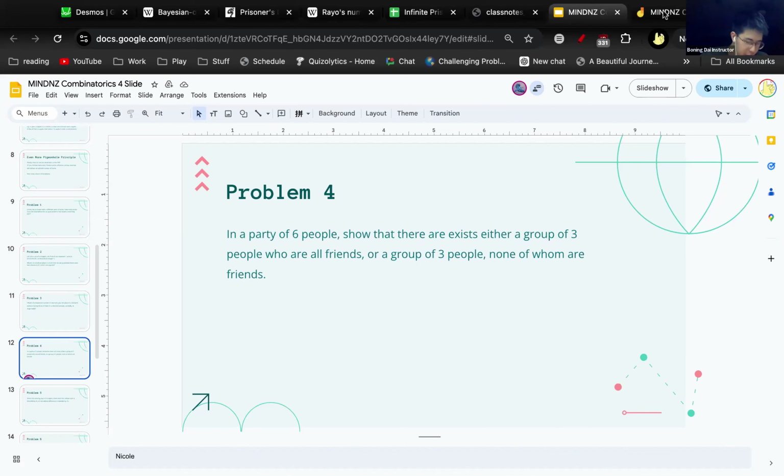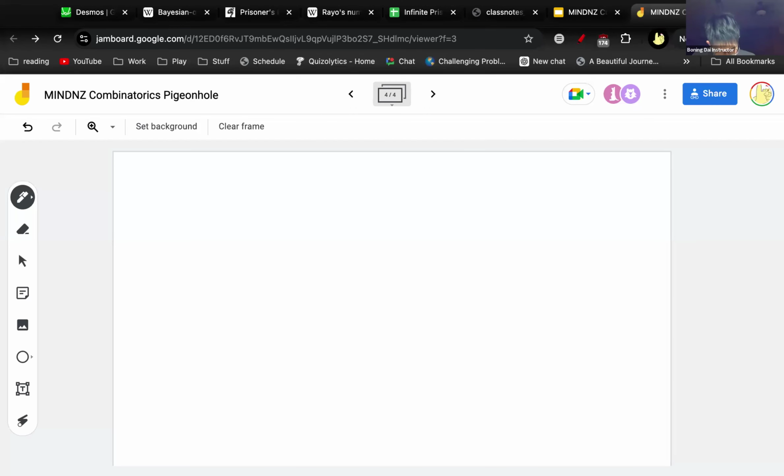So there's a party of six people. One, two, three, four, five, six. And either three of them are friends or three of them are not friends. So let's say that if they're friends, then they're connected by a red line to symbolize the red string of fate.